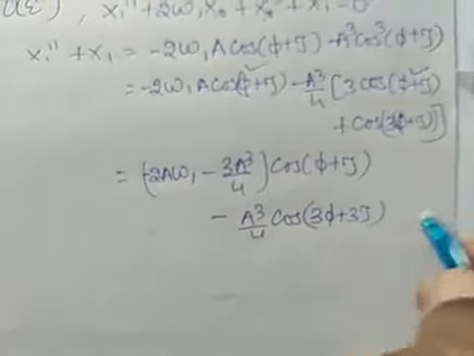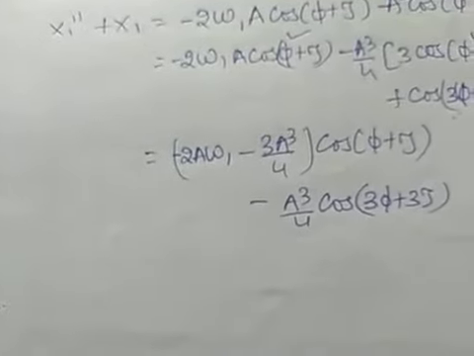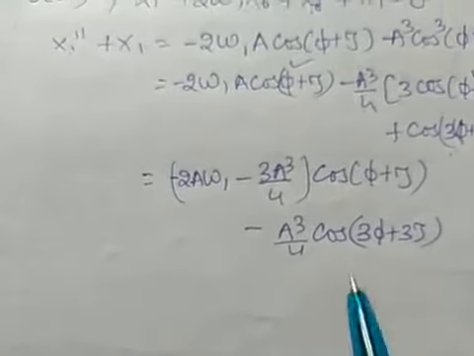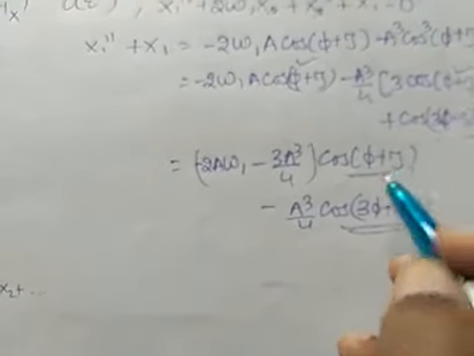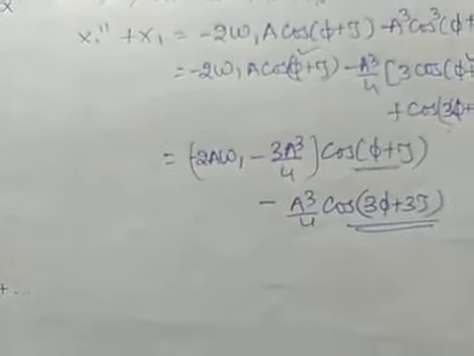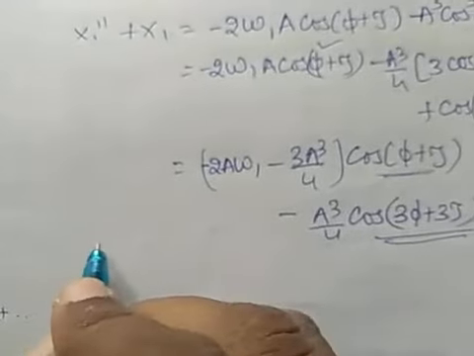This is our second term. Again, the first produces a secular term and the second a non-secular term, because this is the same as our previous problem. You can watch the previous video also.